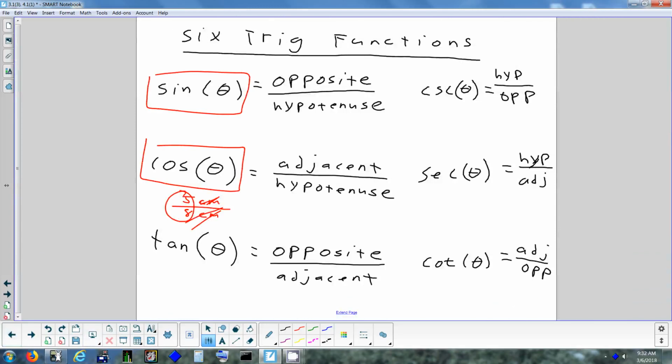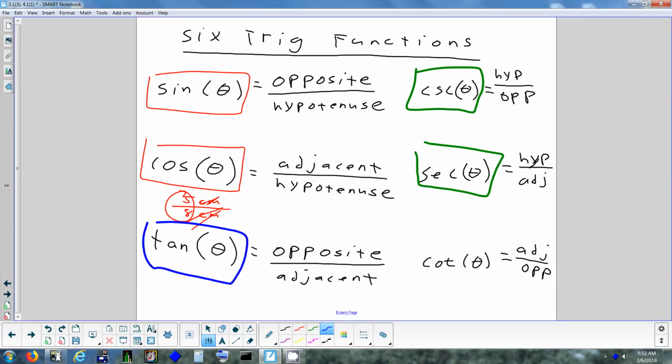Secant, cosecant. That's another pair of cofunctions. And what about if I said tangent? Put the word co in front of it, cotangent. So what I've just put boxes around, I'm going to write them down, but those are the three pairs of cofunctions. Sine, cosine, secant, cosecant, tangent, cotangent.